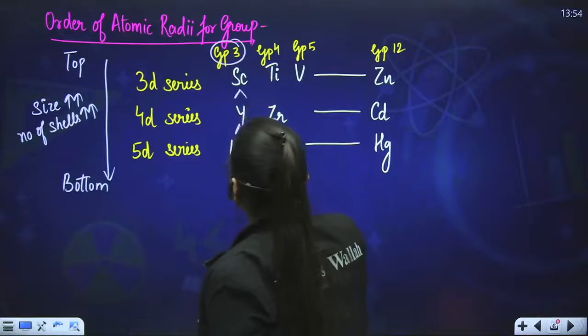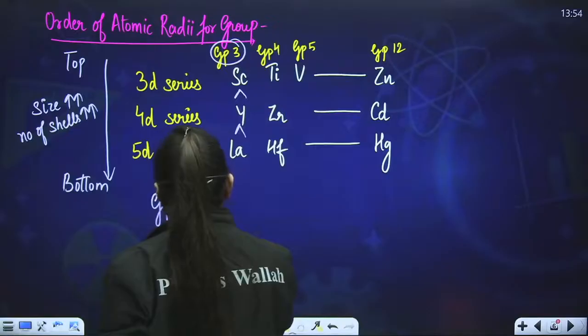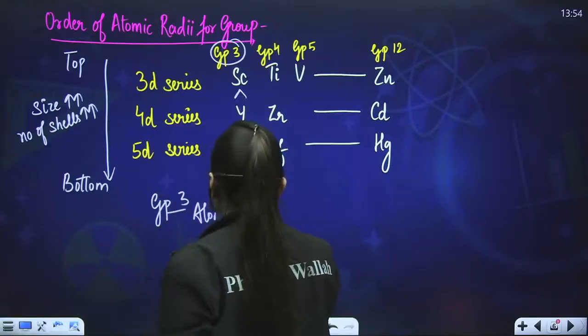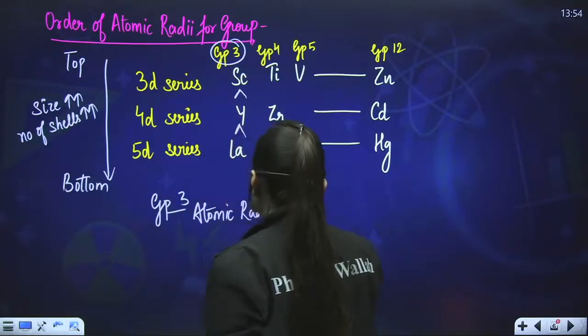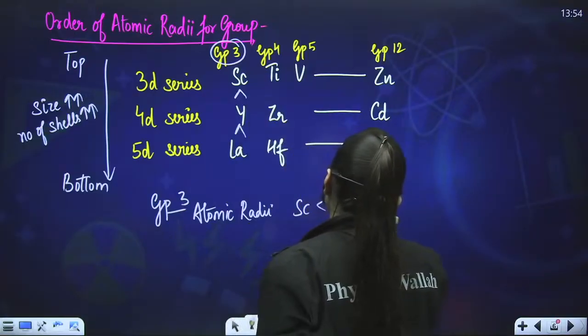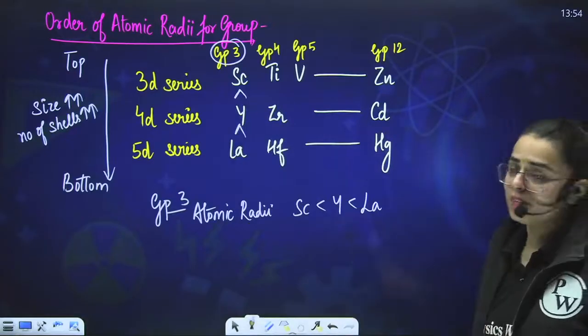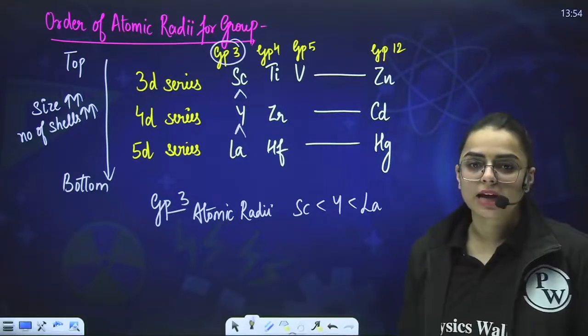For group 3 atomic radii, lanthanum will have more atomic radii than yttrium and scandium.